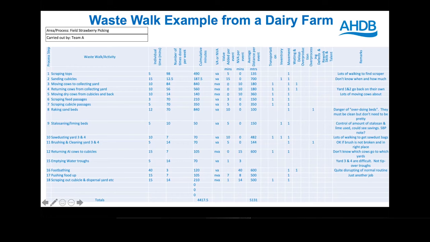So scraping of tops, value add. Does that actually add any value in the eyes of the customer, scraping tops of the actual dairy parlour itself? Do you think the customer is willing to pay for that as an activity? If you doubled the amount of time that it takes to do that activity, do you think the customer will be willing to pay double the price for the milk itself?